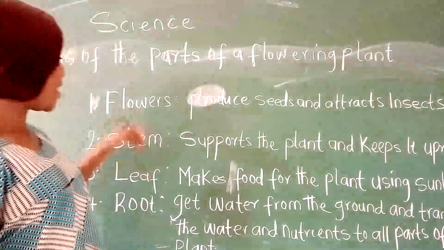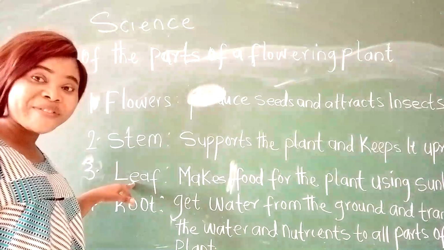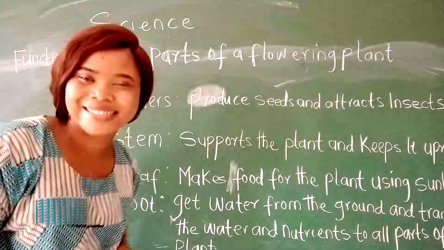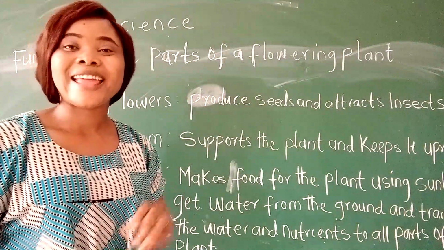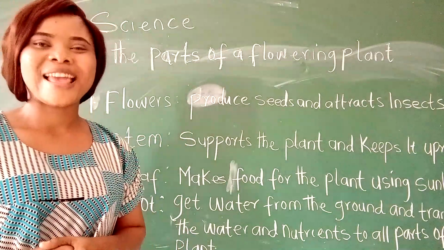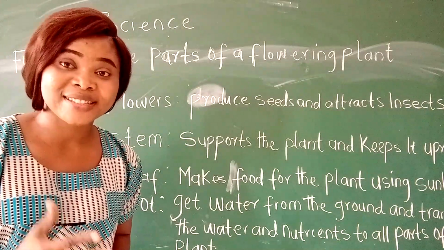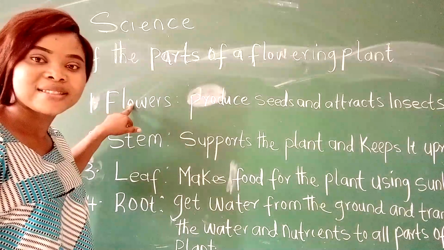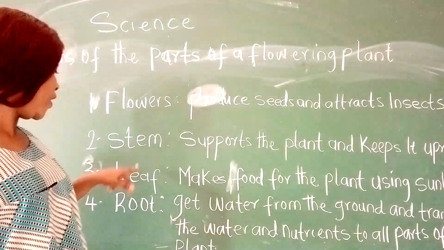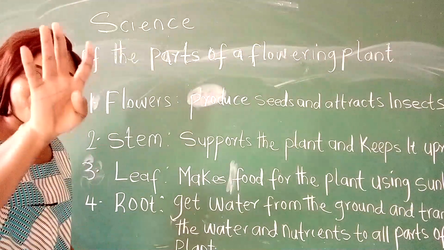We have the flowers, the stem, the leaf, and the roots. They are 4.